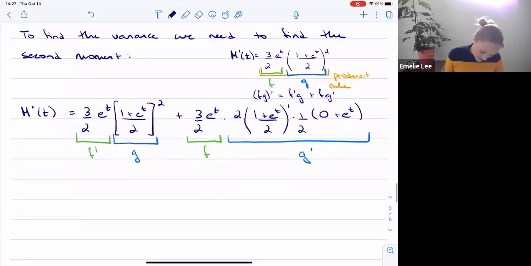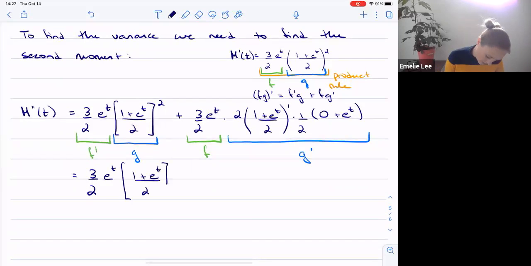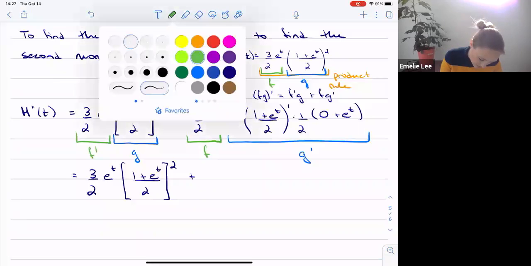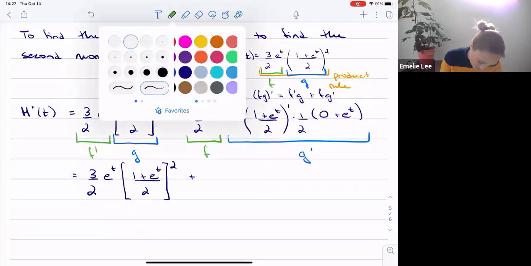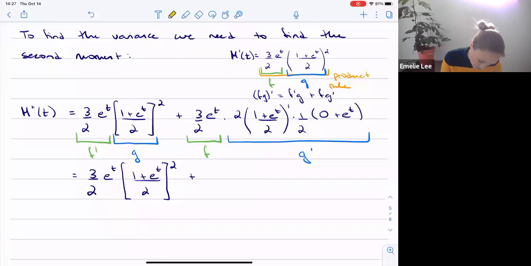So I can consolidate, massage this a little bit. And what I get is 3/2 e to the t. So the first chunk doesn't really change at all: 1 plus e to the t over 2 squared, plus 3/2, because here, maybe I'll use this yellow.